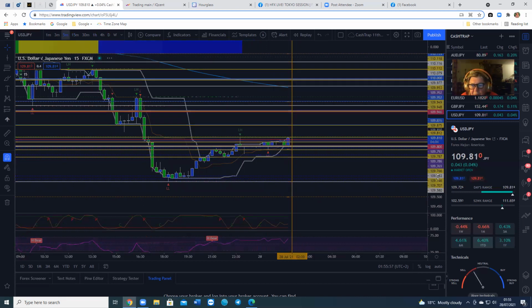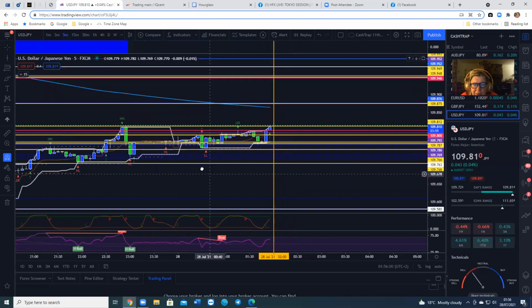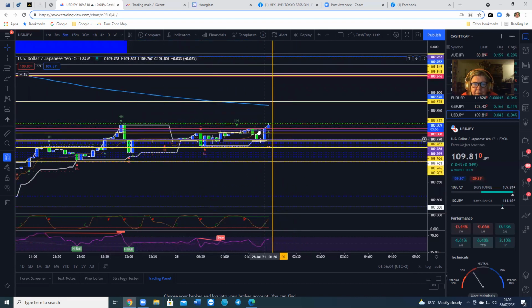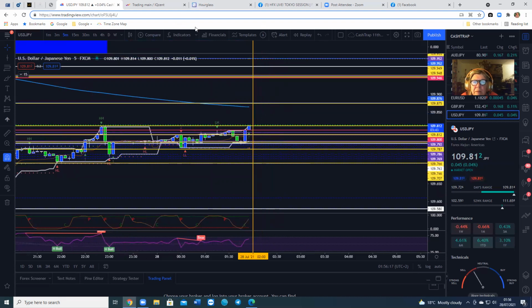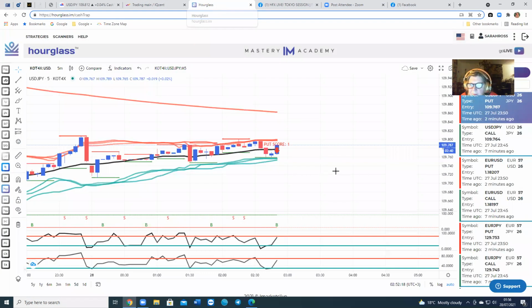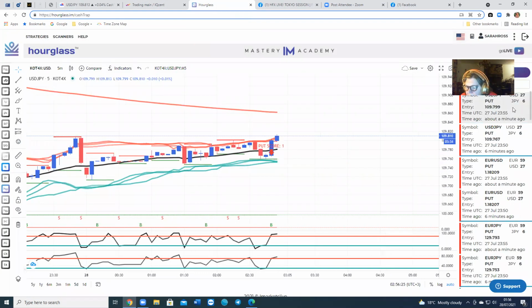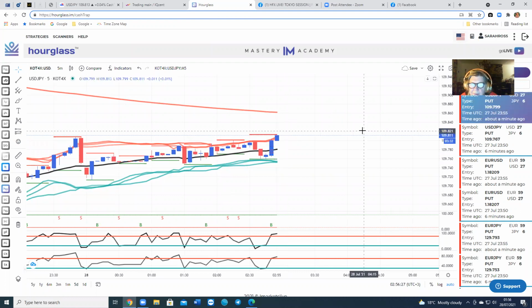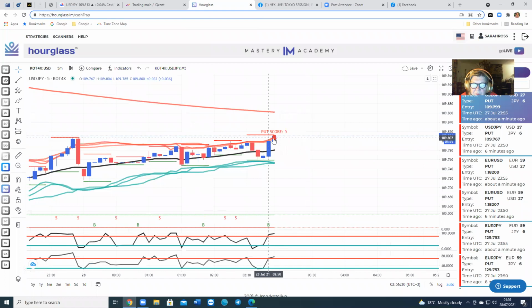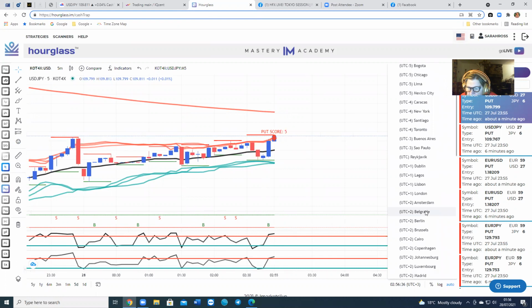And we'll come to our 5 minute, and you can see it's got higher highs, lower highs. It's just about to hit a yellow hourly line, which I drew on just before the session started, and you've got the auto support behind it. So it's giving us a put score of 5, and we've got 4 minutes to go.